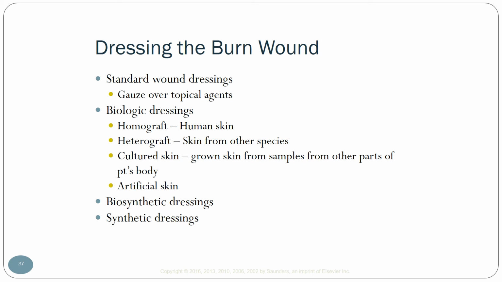So they could remove skin from one area and graft it to that burn, or they can take a skin sample from an area that rapidly multiplies and grow additional skin and then graft it on. And then there's the synthetic skin or artificial skin that can be grafted.